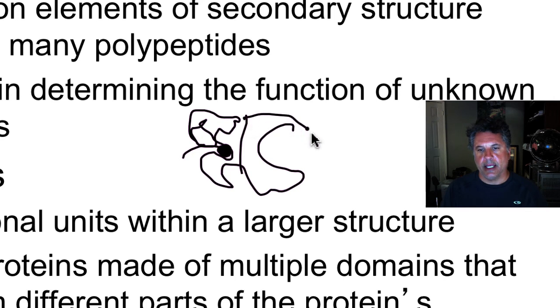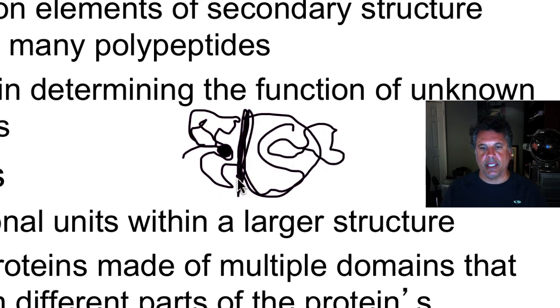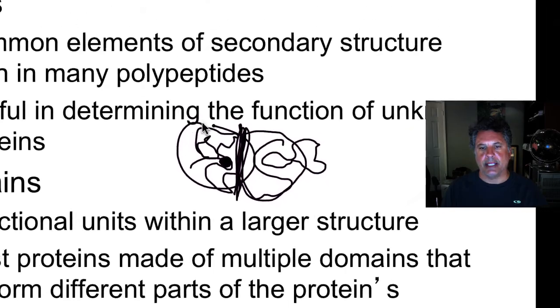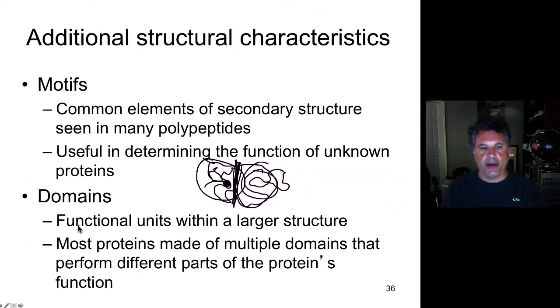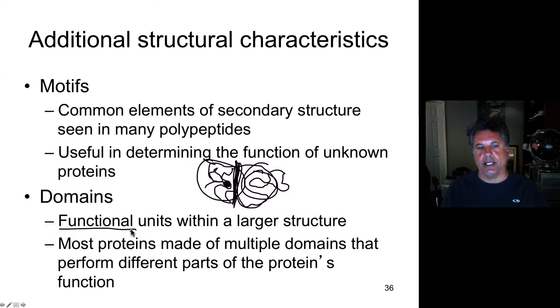Whereas, let's say, this part of the protein over here might be involved in interacting with another protein. And so what we would have in our original protein then are two major domains that have different functions in a way. So they're functional units within a larger structure. And most proteins, in fact, do have multiple domains that perform different functions and endow the protein with its overall function.